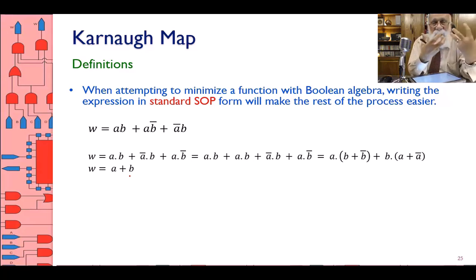If you have a complex function and you want to be able to combine things together, perhaps the easiest way would be to break it down into its little minterms.